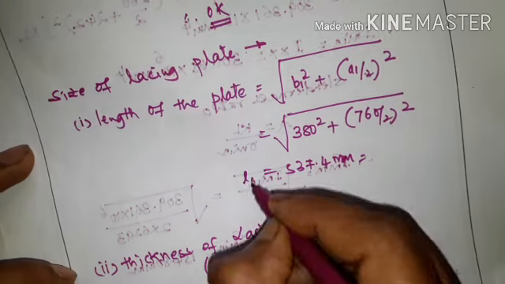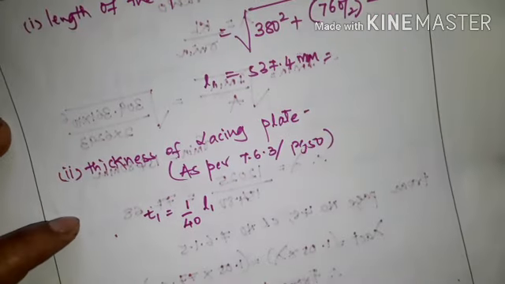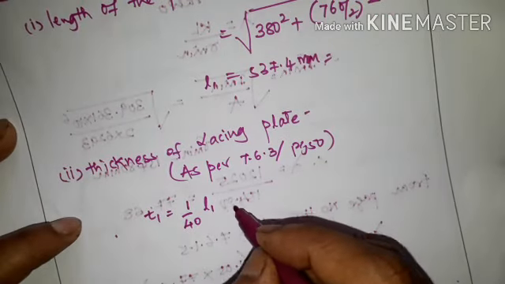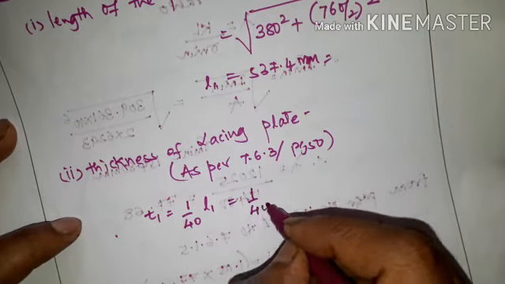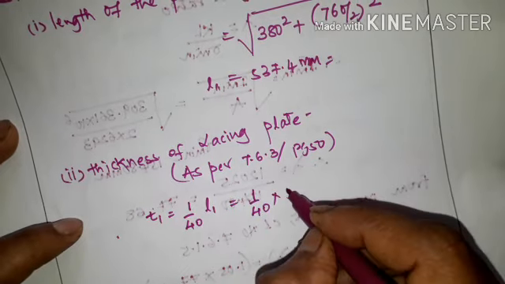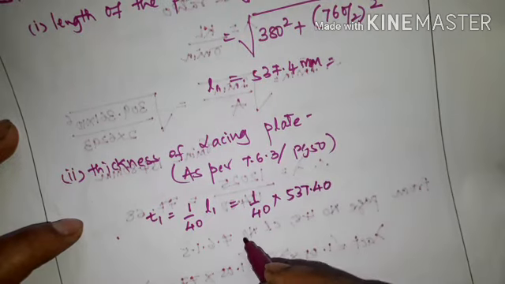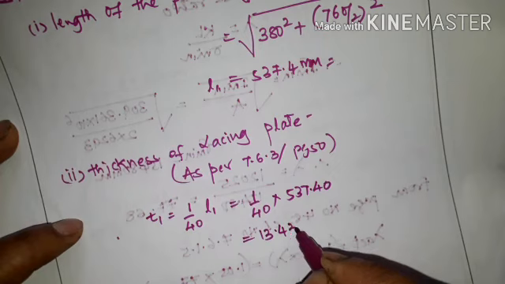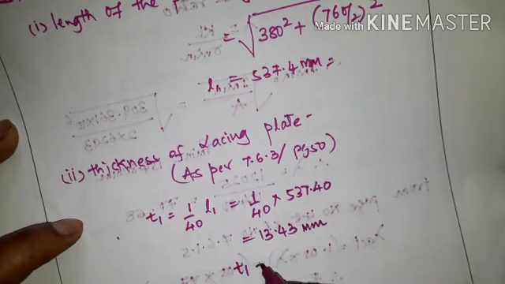So L1 is 537.4, so 1 by 40 times that, we'll get 13.43. So we'll round figure it to T1 equal to 14 mm.